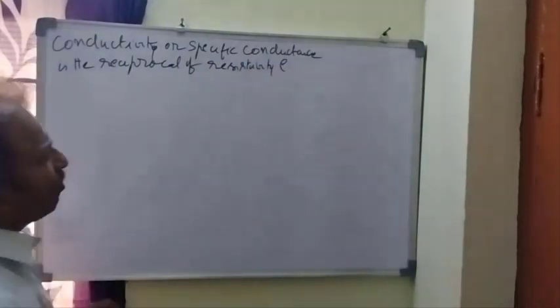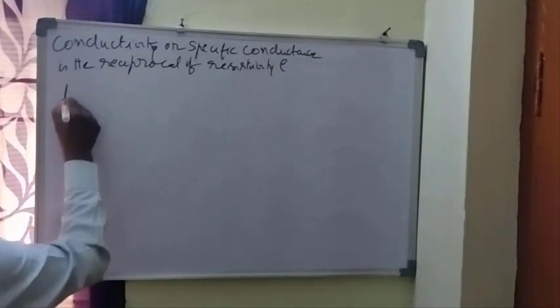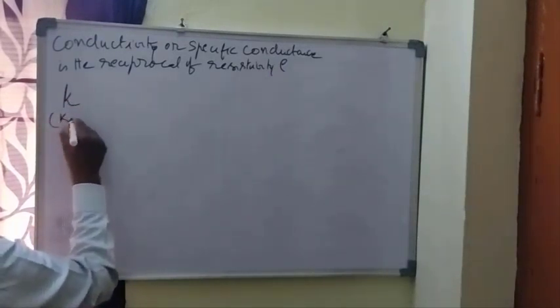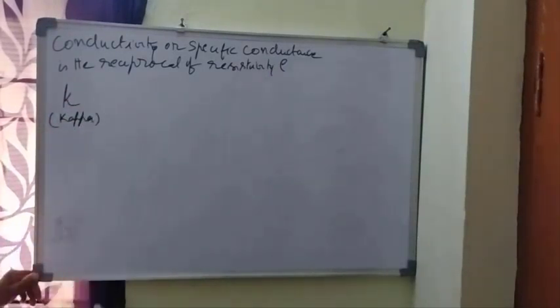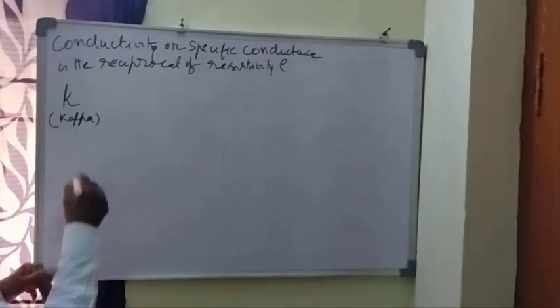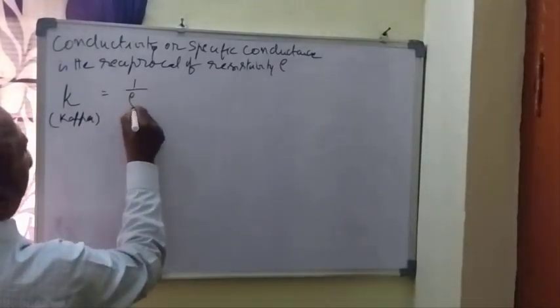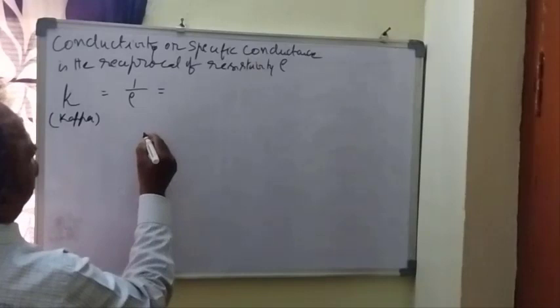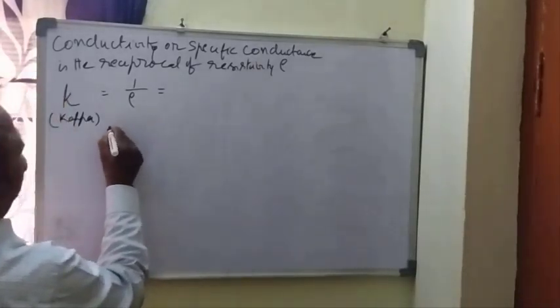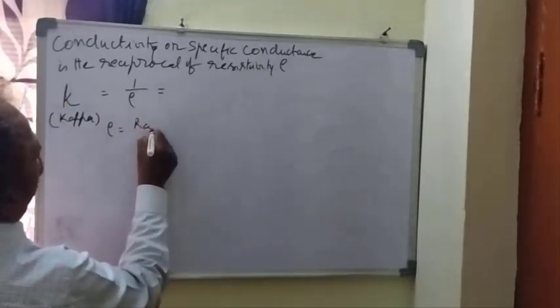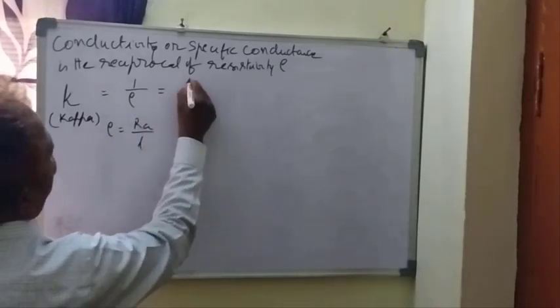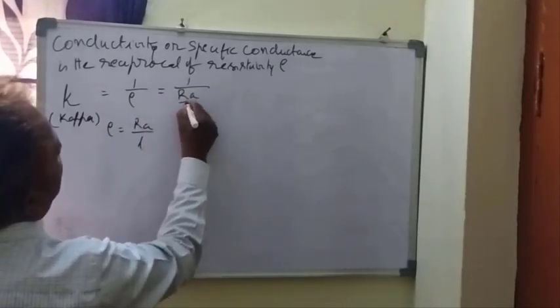What is the resistivity? Rho. Therefore, conductivity K, this is kappa, equals 1 by rho. Rho means what? Just now we studied rho equals RA by L. Therefore, 1 by rho equals 1 by RA by L.